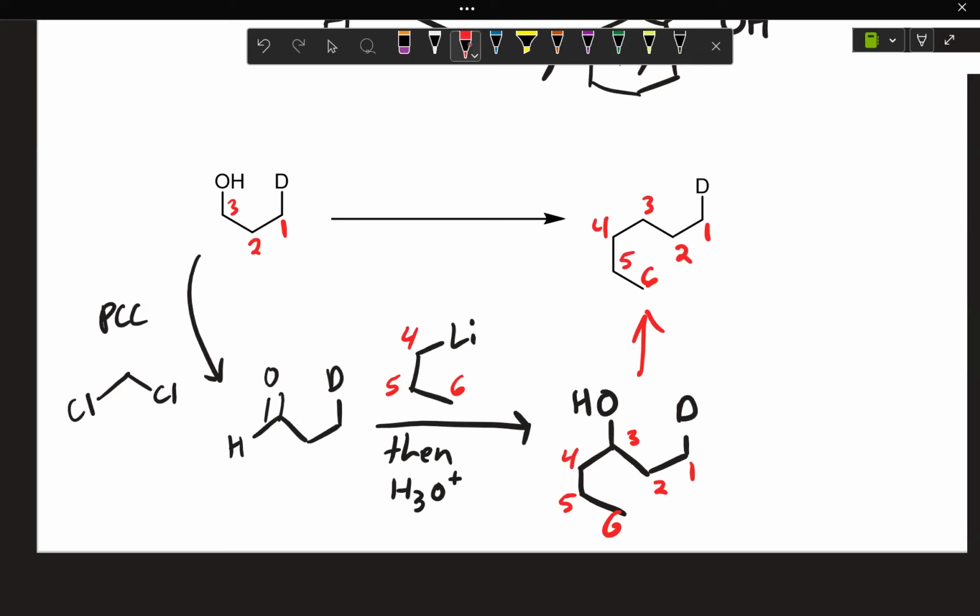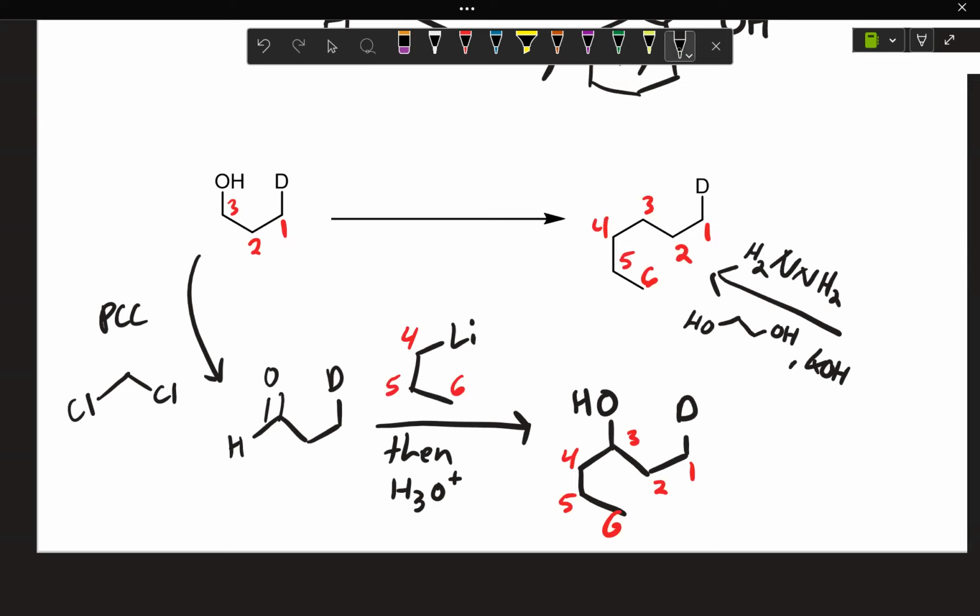So now what's separating us from where we are in the product is we have to get rid of this hydroxide group. There's a number of ways you can get rid of this hydroxide group. The way I wanted you to do it, and not the only correct answer, is I wanted you to use the Wolff-Kishner reaction. The Wolff-Kishner reaction, if you remember, it's N2H4 and then ethylene glycol and potassium hydroxide.